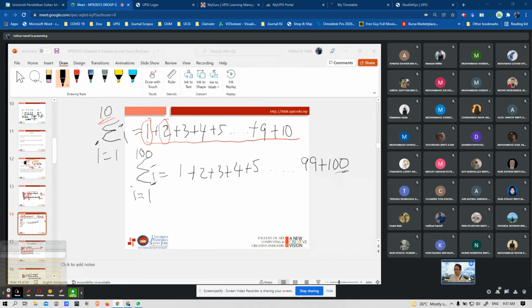Okay, we do another example. Let's imagine the sum from I equal 0 to 50.